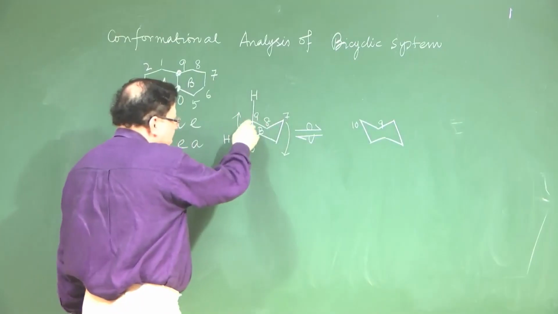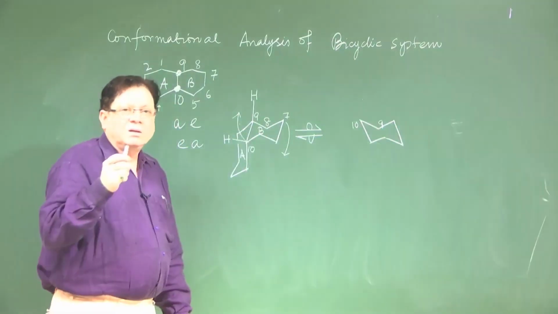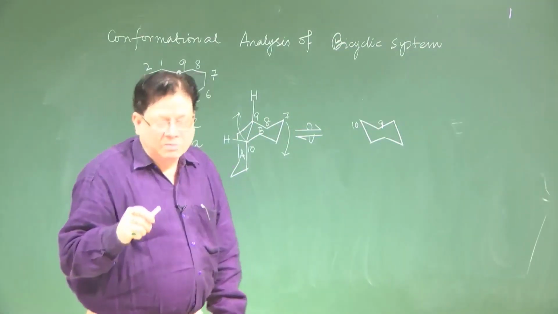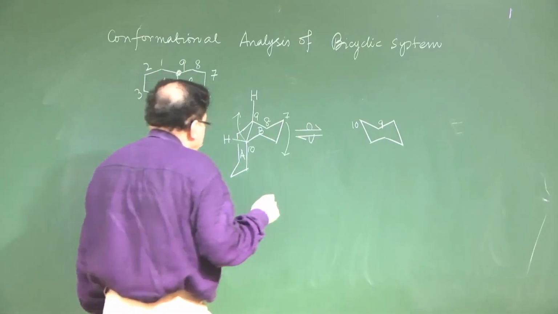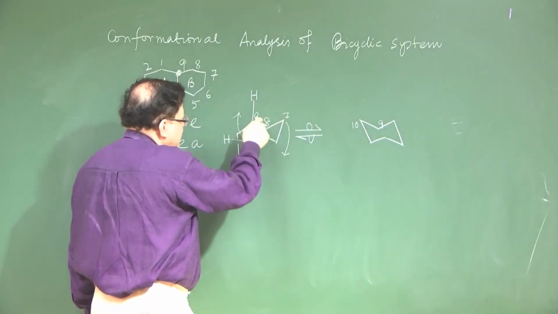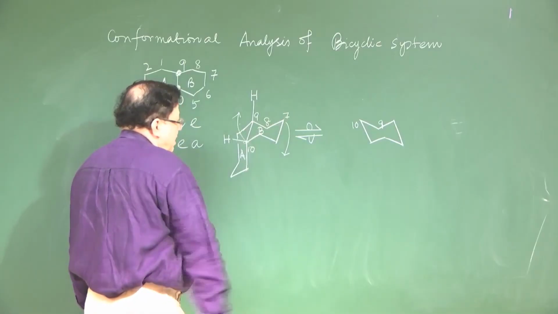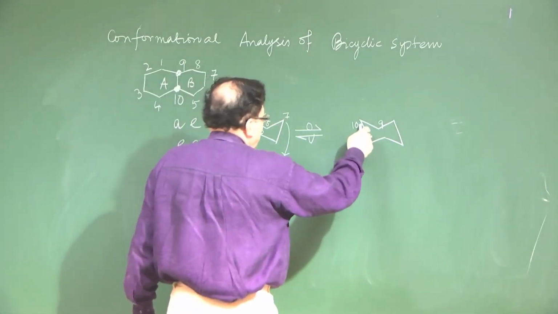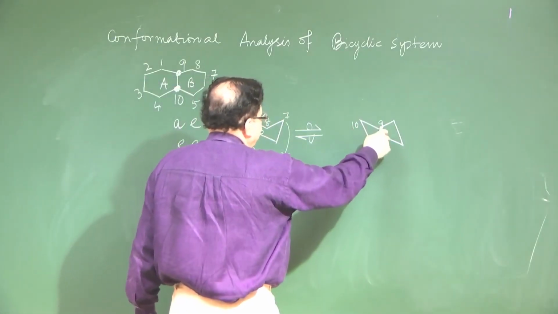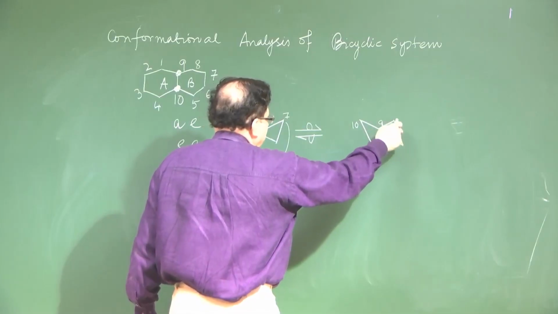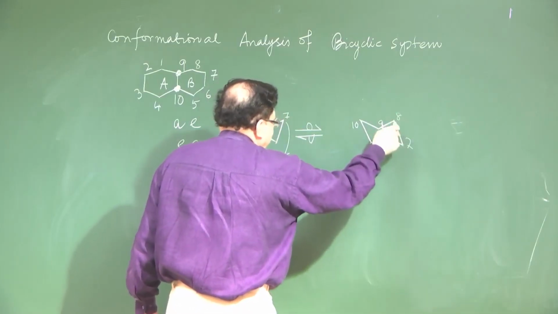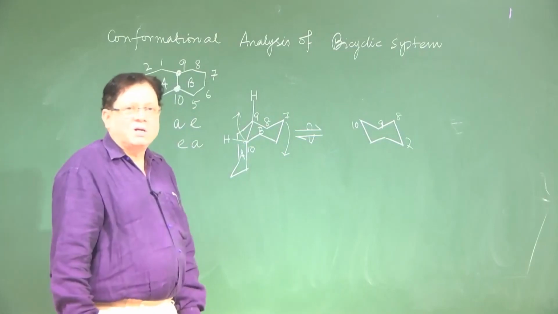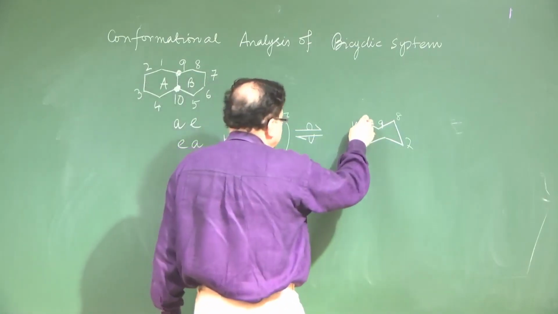Remember, in flipping you cannot change the order of this numbering, because 7, 8, 9, 10 is going in an anti-clockwise direction. So, once you find C10, you know that on the right side is 9, because then only 7, 8, 9, 10 runs in the anti-clockwise direction. Now, what will happen to the C10 hydrogen?